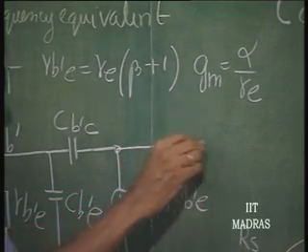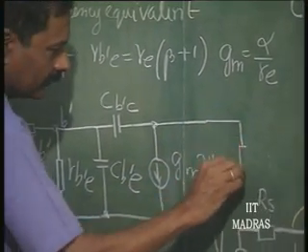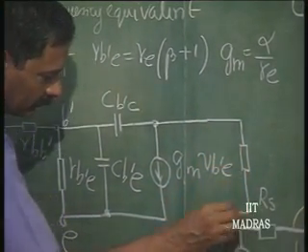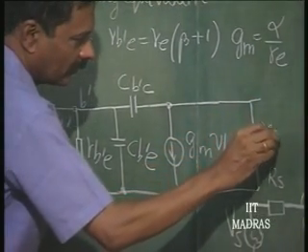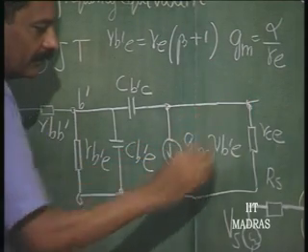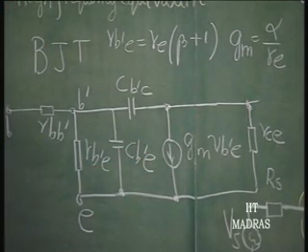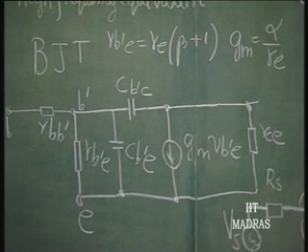That is going to give you the low frequency collector current, and across the collector we have the so called RCE. That current source is not an ideal current source. There is a shunt resistance RCE, typically of the order of a few megaohms in the case of integrated circuit transistors.